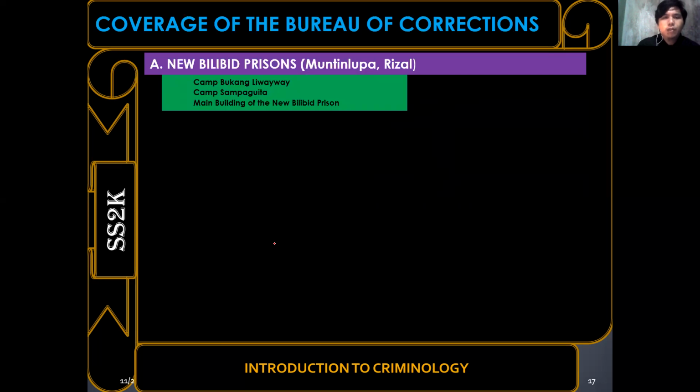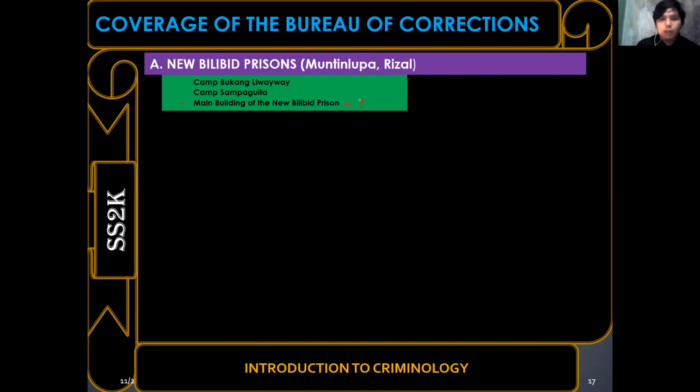Ang New Bilibid Prison ay nahahati po sa tatlong compound: Camp Bukang Liwayway, Camp Sampaguita, at saka main building ng New Bilibid Prison. Yung maximum security prisoners, mga kapatid, ay nakakulong po sa main building ng New Bilibid Prison.